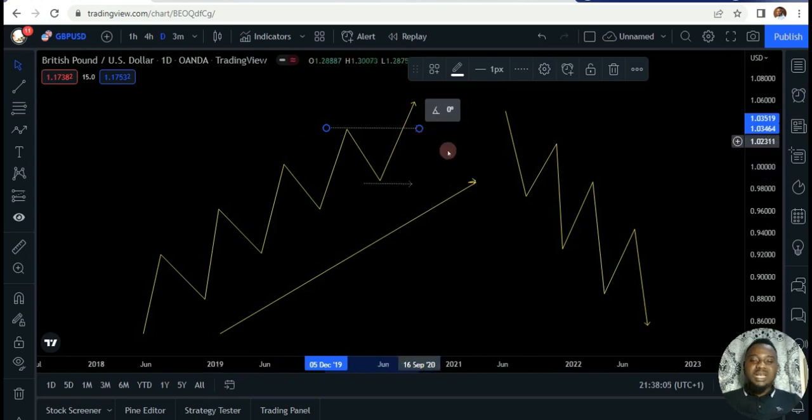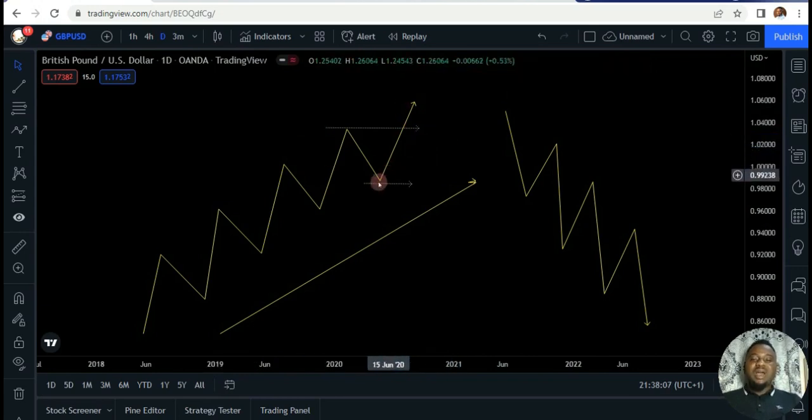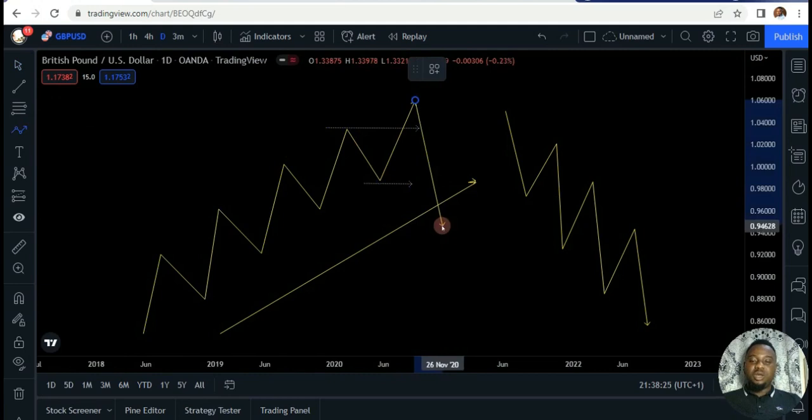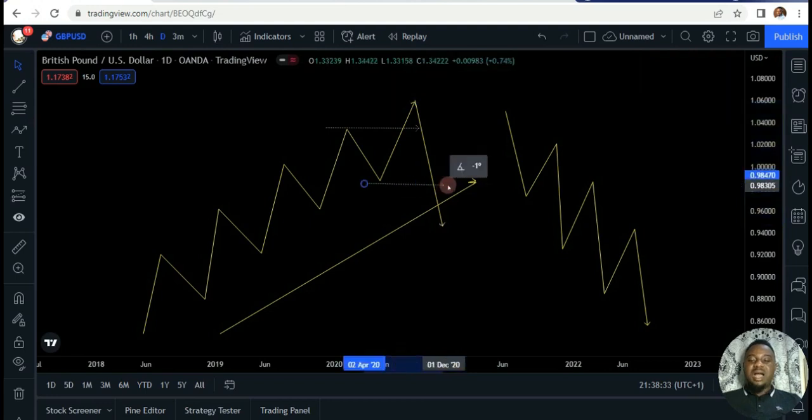So once I see price break either of these, for example, once a swing low has been formed and there's a swing high, what I'm waiting for is which is going to be broken. If I see price come and break a previous swing low, what this simply means is that we are about to go down.